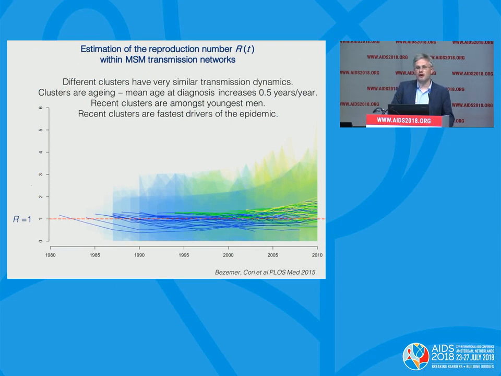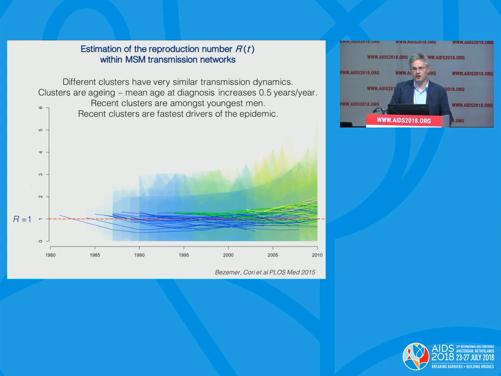We can look at the different clusters, and they have properties. The first is that despite 20 years of prevention, not a single one of the sub-epidemics was brought to a halt. The second thing is that they have very homogeneous dynamics. This is a measure of how much they're spreading. The spread went down in the 1990s and increased in the first decade of the 2000s. There wasn't a great deal of difference between the clusters.